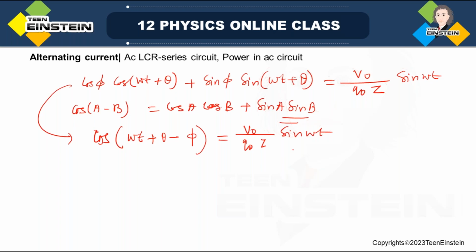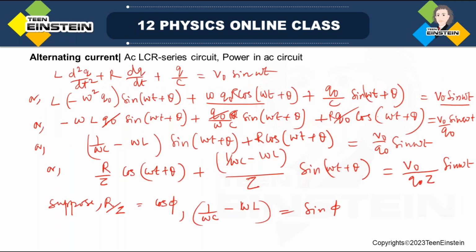If we compare this to what we are getting, I see there will be omega here also, because I'm dividing. On the right hand side also there will be omega.